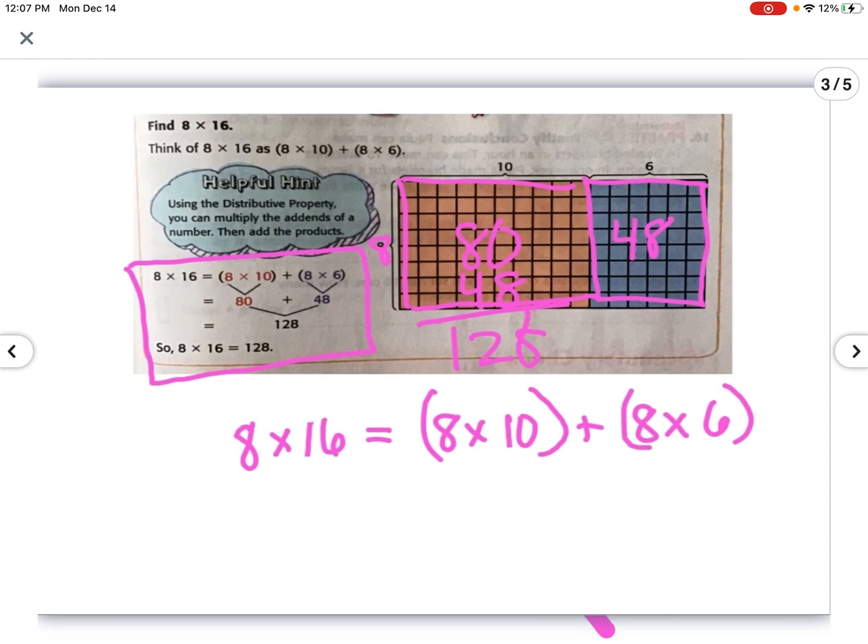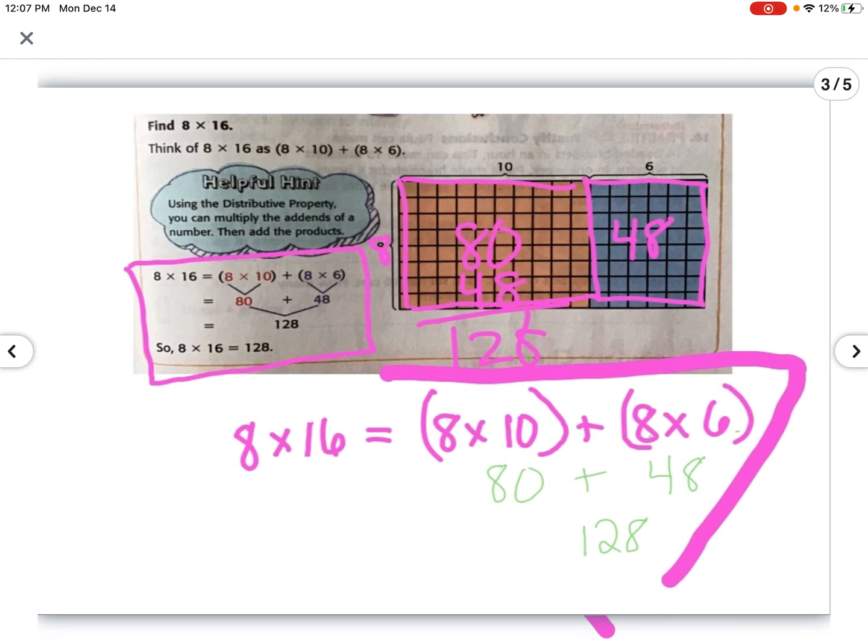Then I would solve. 8 times 10 is 80, plus 8 times 6 is 48. And then I would add 80 plus 48, and I would get 128. And then you're going to notice that your answer is going to look kind of like an upside-down triangle.